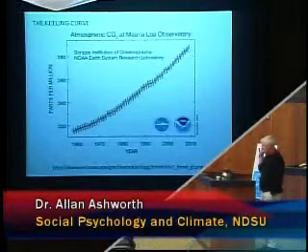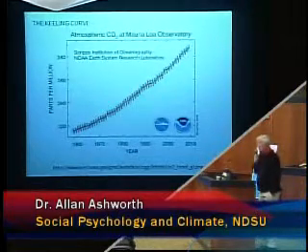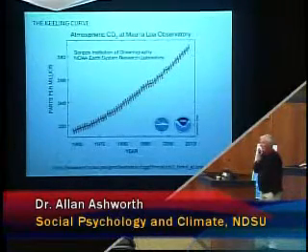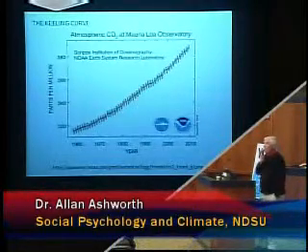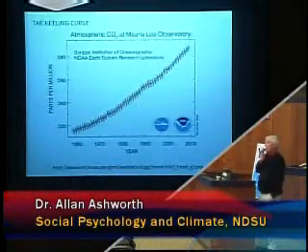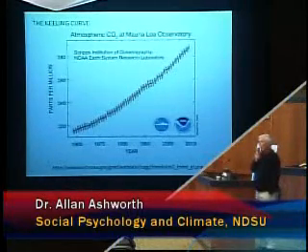Now, this is the other curve that always gets my attention in here, and this is known as the Keeling curve. One of the students in the class being taught by Professor Keeling was Al Gore.